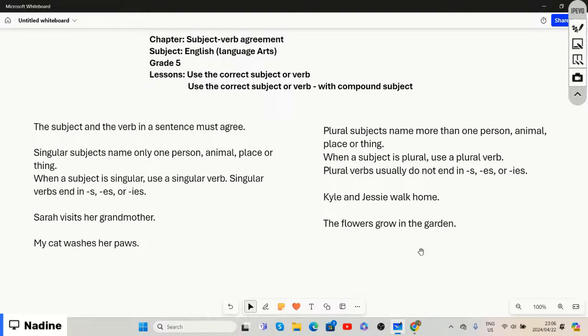And we know that the verb is basically the doing word. So this subject, which is either the person, animal, place, or thing, needs to agree with the verb.